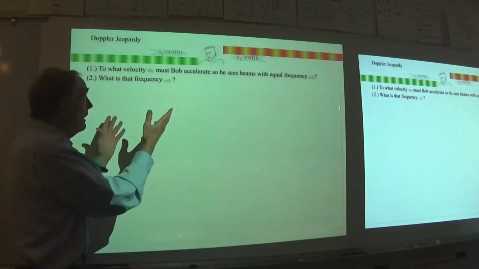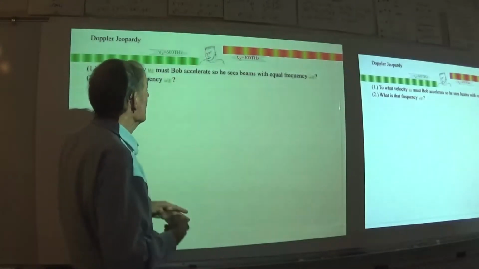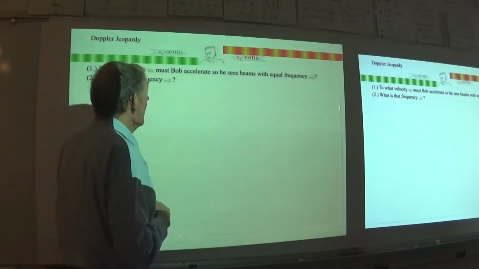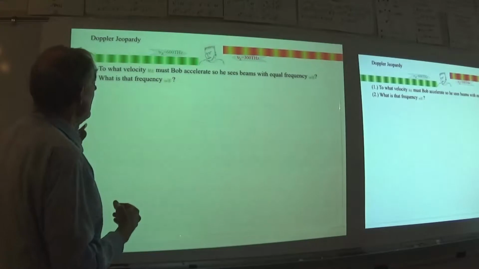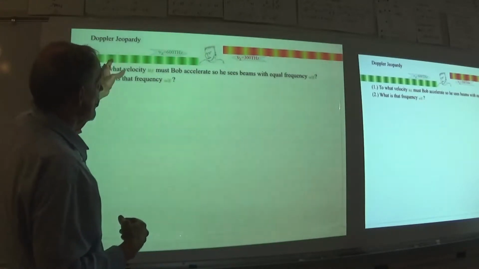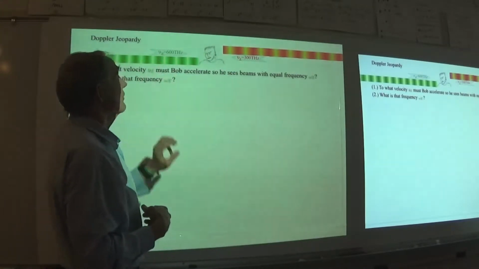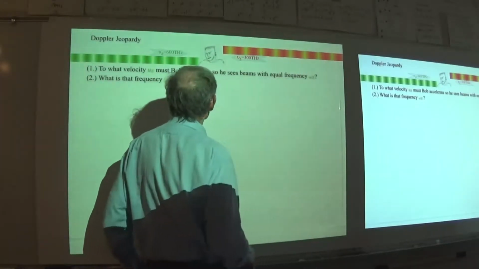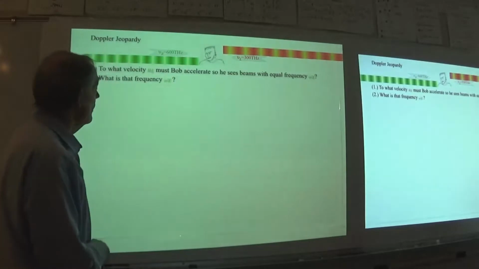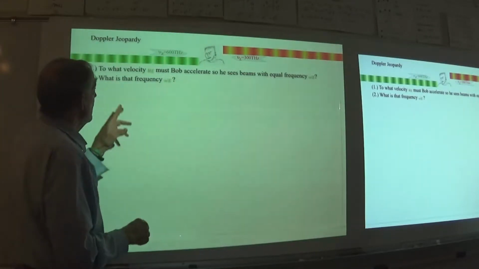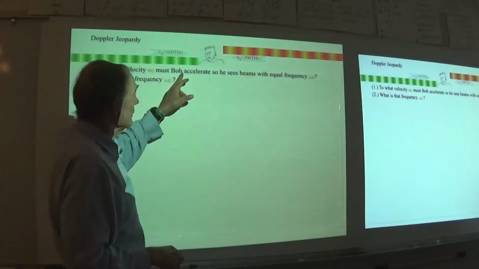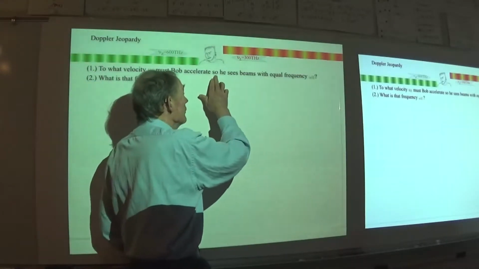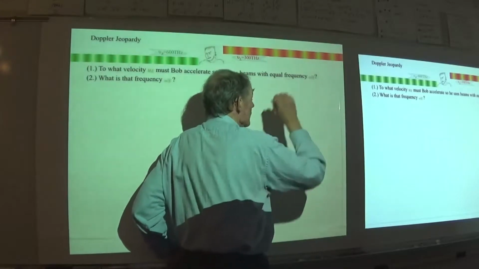I'm imagining Bob is seeing light from Carla, and Carla probably somebody over there, and Alice over on this side, giving him the 600 terahertz this time. And she's giving him 300. Okay, so the question is, what velocity must Bob accelerate to? That's bad grammar, but I'll say accelerate, so he sees the beams with equal frequency.